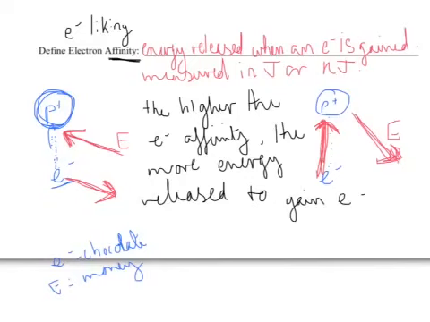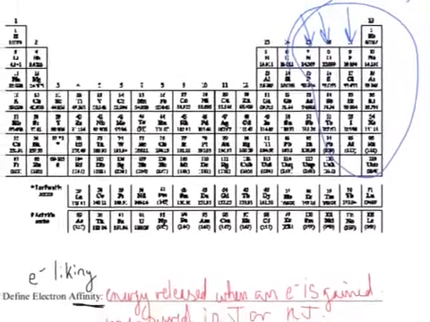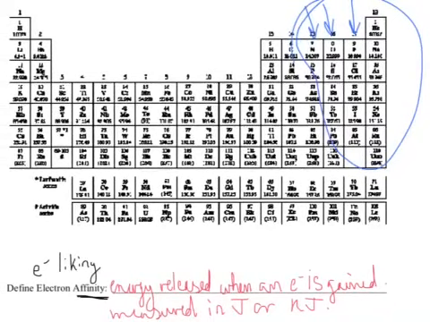Now we did a couple of demos in class. Obviously I can't do these here. We looked at the halogen family and we found out that reactivity for halogens actually decreases as you go down. Basically fluorine ends up being the most reactive nonmetal.